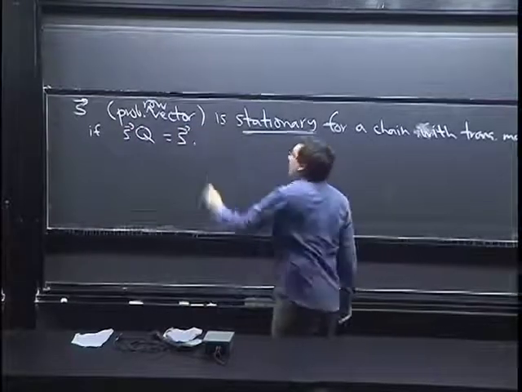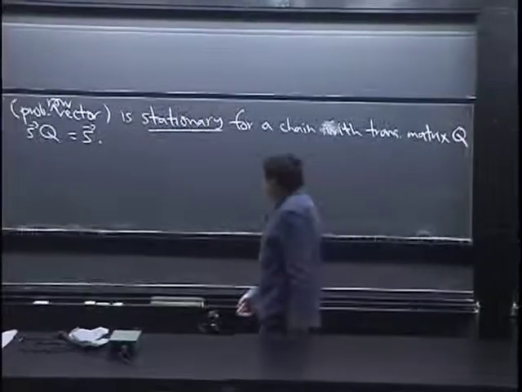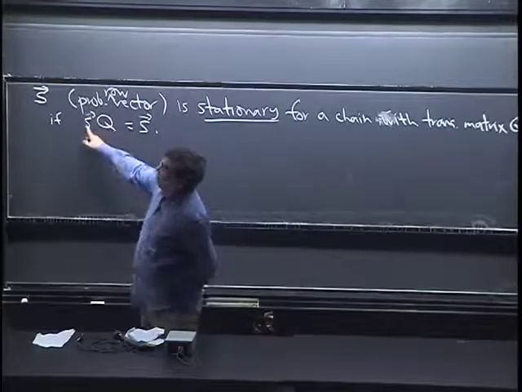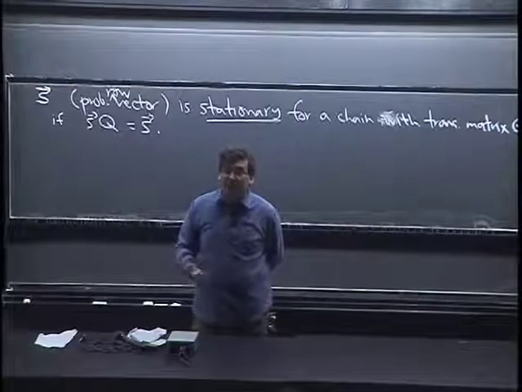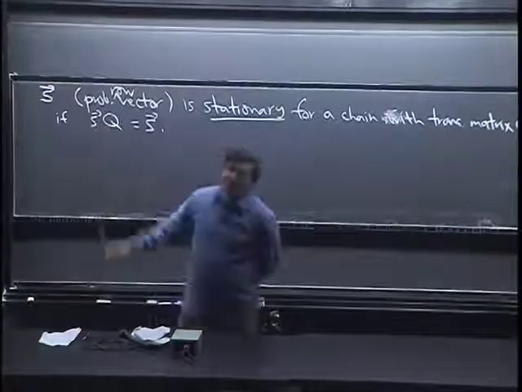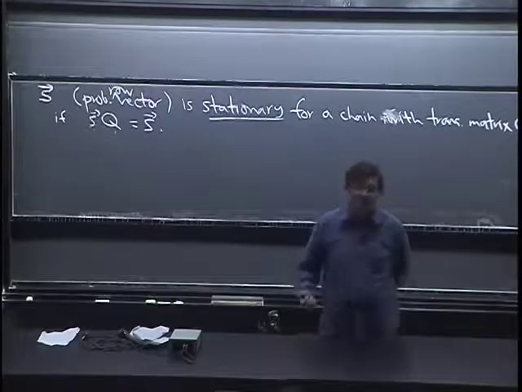And from last time we showed that if you start out, like pick a random state that's distributed according to S, and then you multiply by Q, that says what's the probability distribution over states one step later, right?